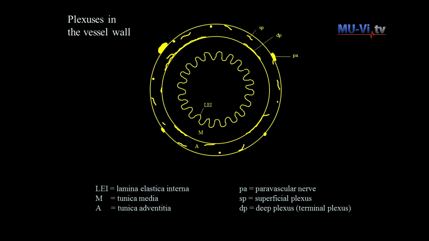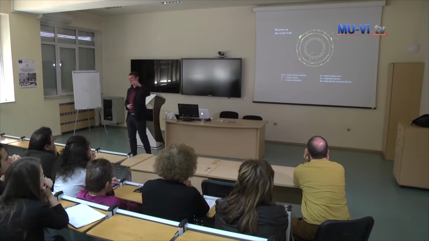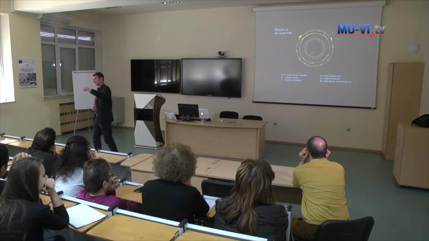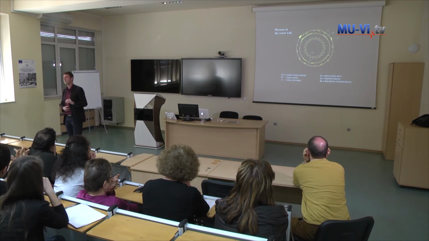So this is the tunica media, this is the adventitia. And we can distinguish two kinds of plexuses. First, we have on the outside of the vessel large nerves, which are running in a longitudinal direction and going to the more distal parts of the vessels.